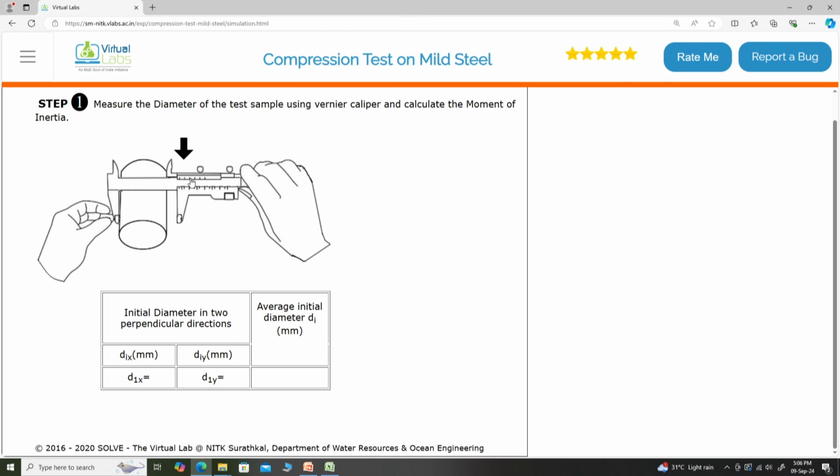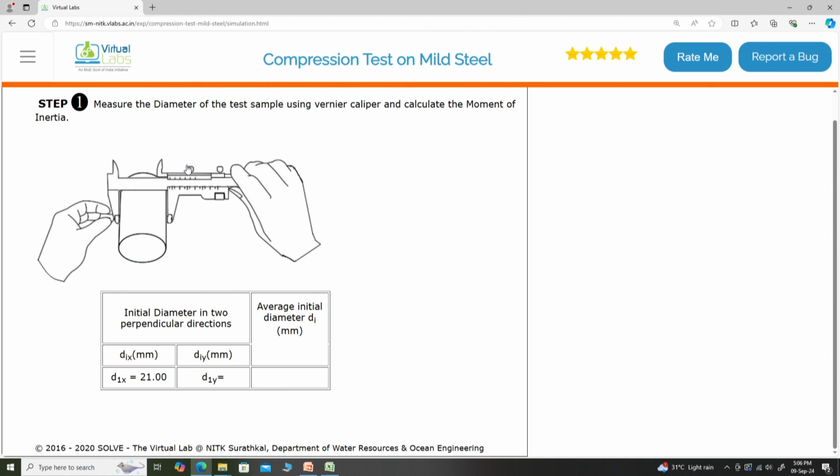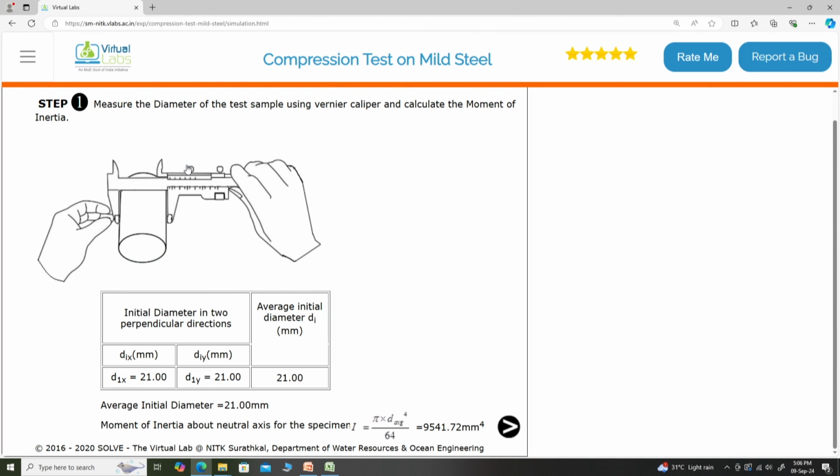First step, let me measure the diameter of this test sample using vernier caliper and calculate the moment of inertia. D in one direction is 21 millimeters. Then again I measure it at another point, so diameter is measured at 2 points along the length of the specimen.